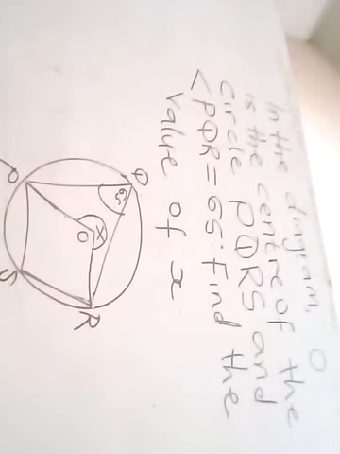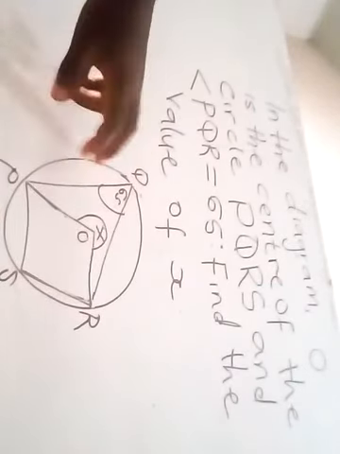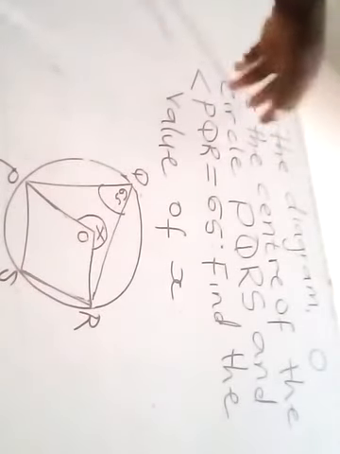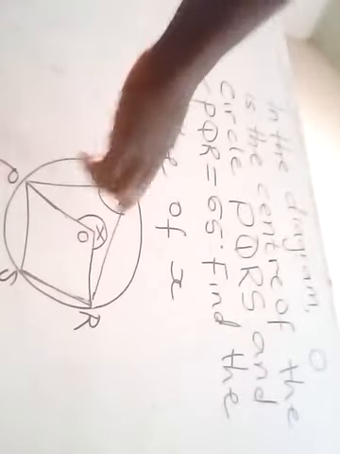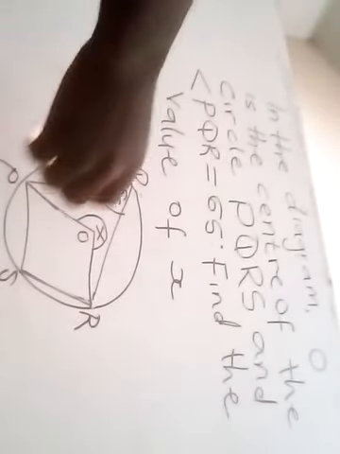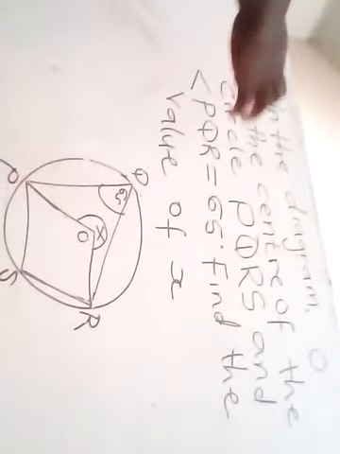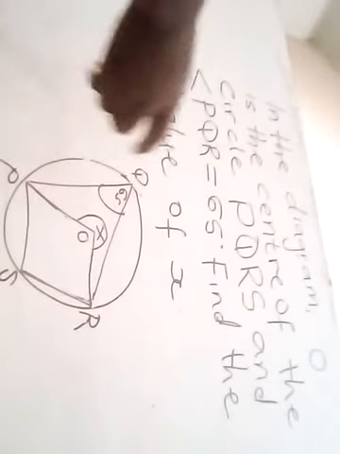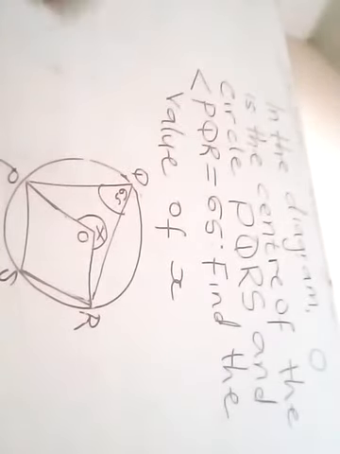Now our first example is: in this diagram, O is the center of the circle PQRS, and angle PQR, this angle, is 65 degrees.